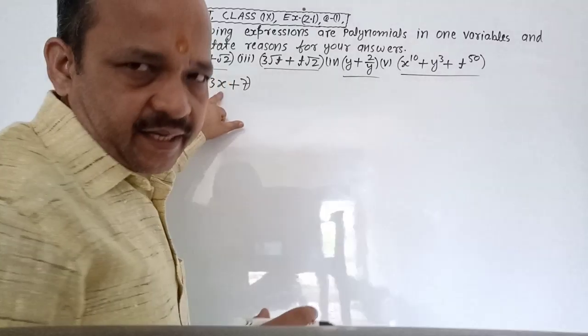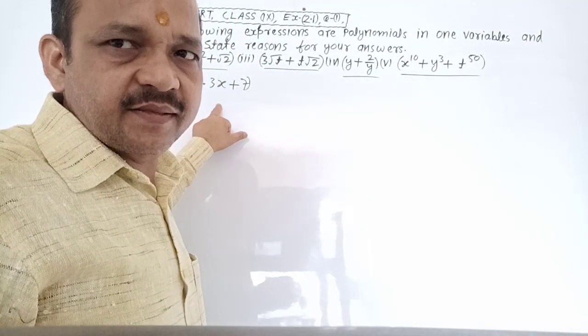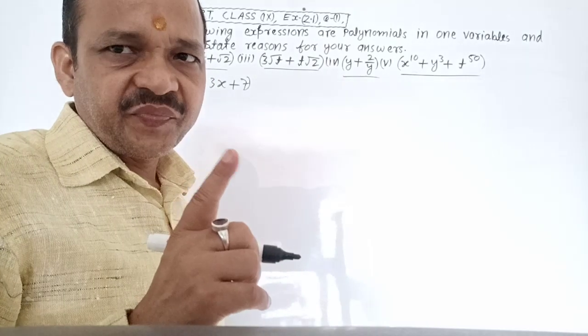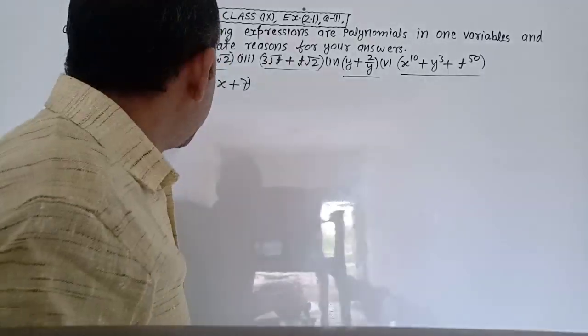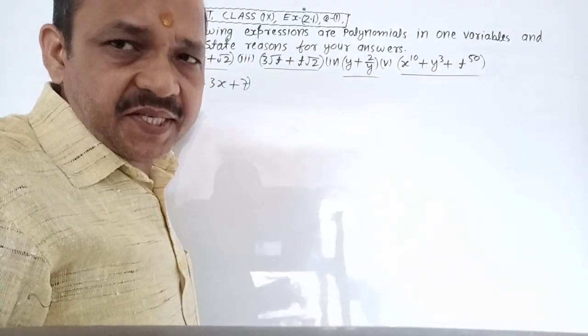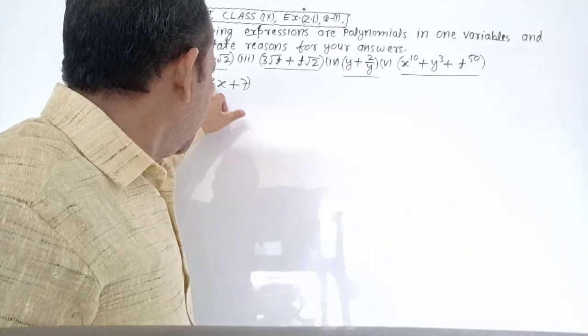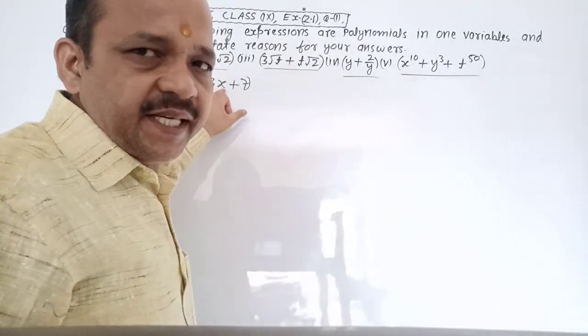Here x, here x, only x, alphabet only x. Hence the variable is x. The numbers in front of the variable: here is 4, it means the coefficient of x square is 4. Here 3, it means the coefficient of x is 3.